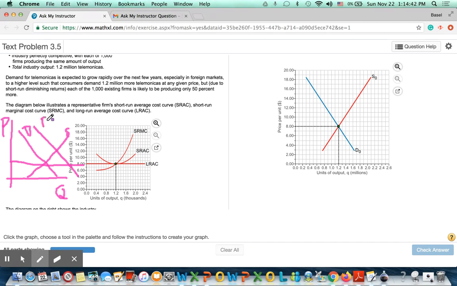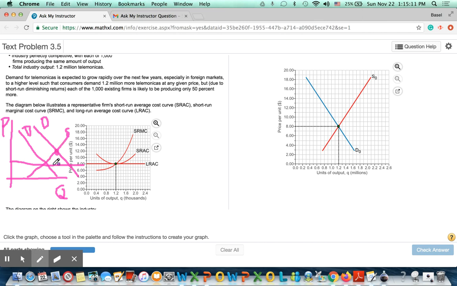So notice that the existing firms try to increase the production to respond to the increase in demand, but because the marginal cost is increasing for them, the price will start to rise. So the short-term price will be this point as firms try to increase production.